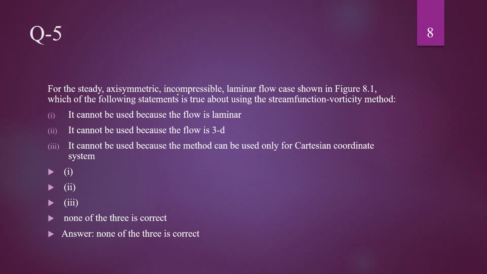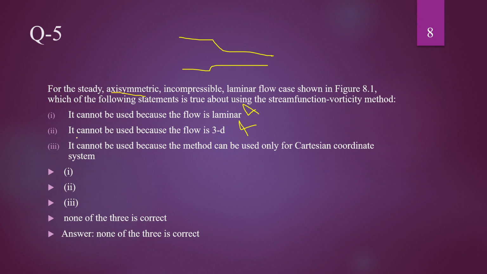In the previous question, it was asked about the steady axisymmetric incompressible laminar flow case shown in figure 8.1, which of the following statements is true. It cannot be used because the flow is laminar is false. It cannot be used because the flow is 3D is false in this context, because it is given for axisymmetric flow.